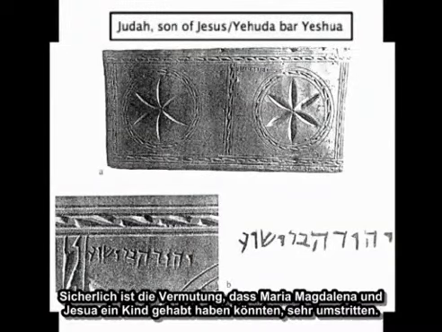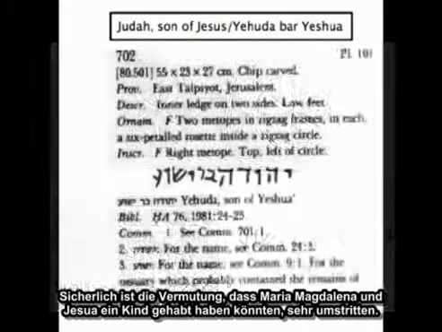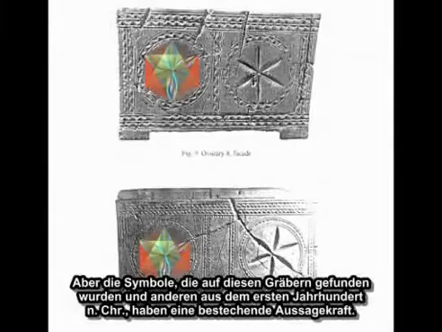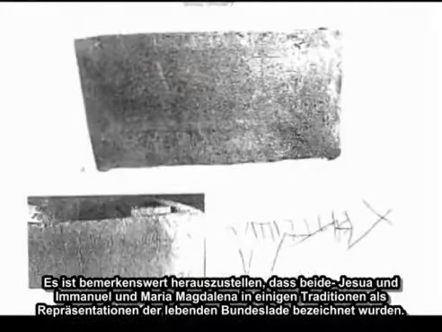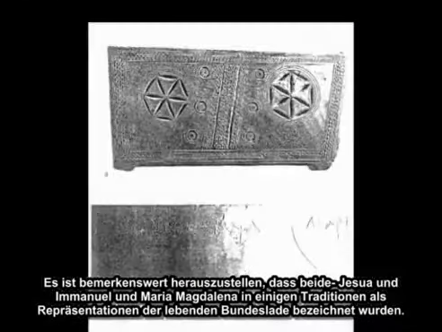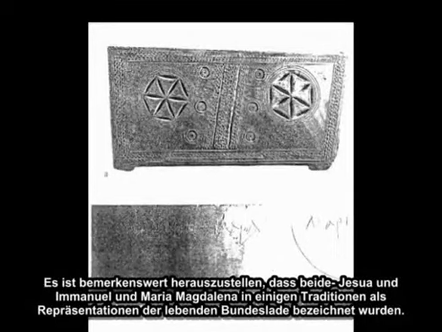Certainly the claim that Mary Magdalene and Joshua may have had a child is controversial, but the symbols that are found on these ossuaries and others from the 1st century AD have striking significance. It is as well significant to note that both the one called Joshua or Emmanuel and Mary Magdalene were in some traditions considered to be a representation of the living ark.